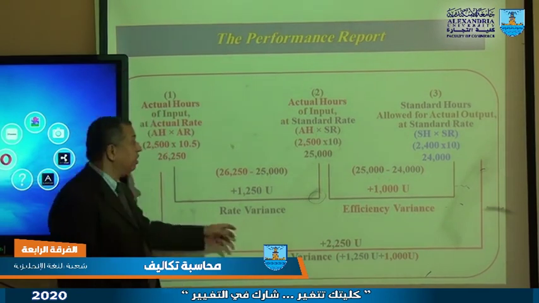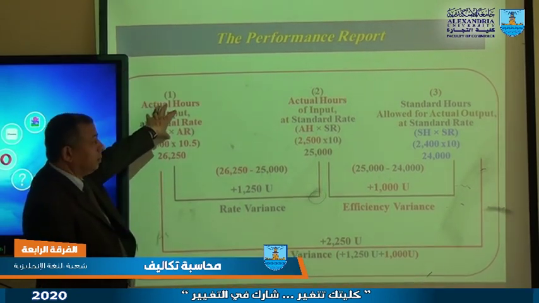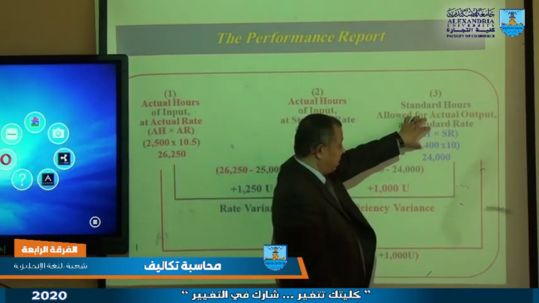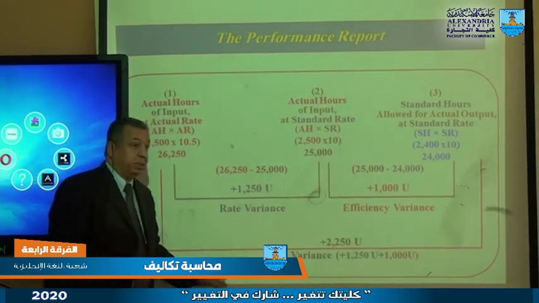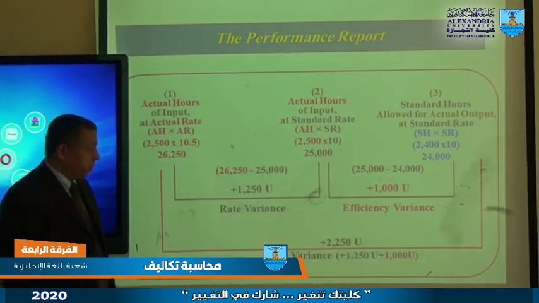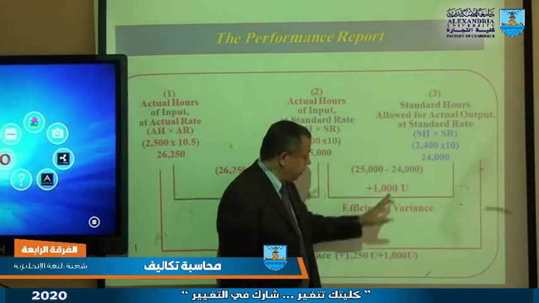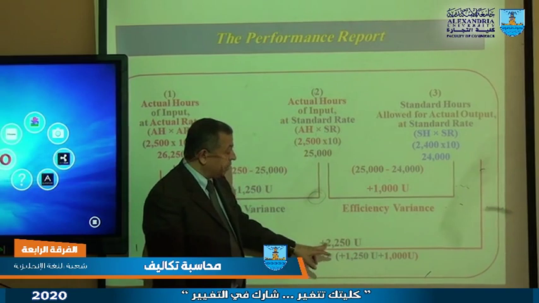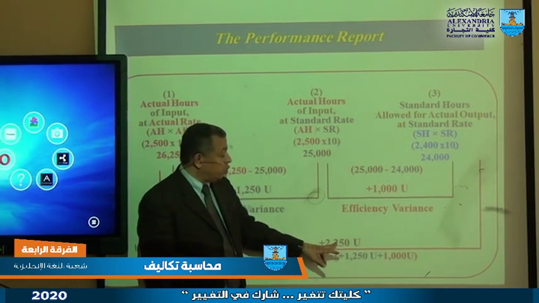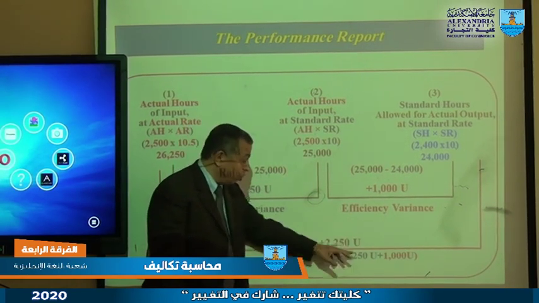The total variance is the difference between actual and standard. And you have to check your answer: 26 minus 24 is positive 2,250, unfavorable.